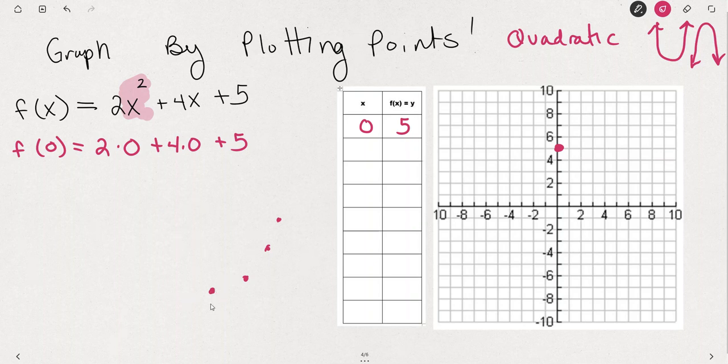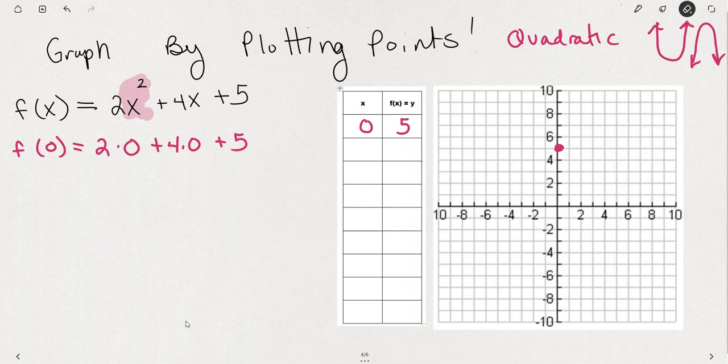Once I know for sure where the bottom point is, or if it's a downward parabola where the top point is, then I could use the symmetry, because a parabola has symmetry right down the middle, and then I could know that it looks like this. But it's really difficult to use point plotting for a parabola, just because you do have to keep plotting points until you get enough.